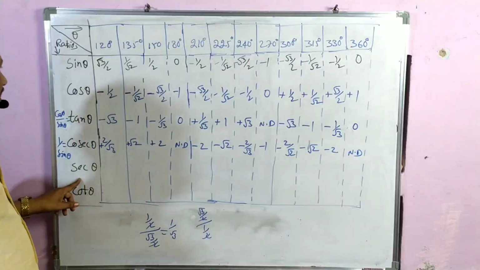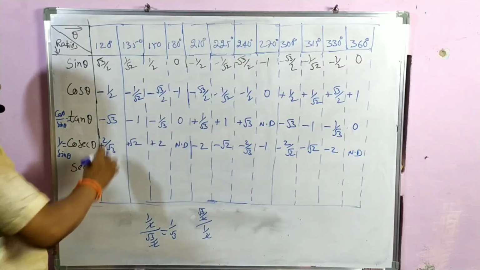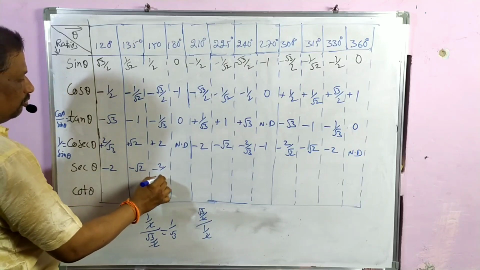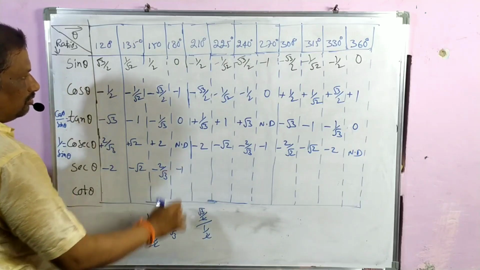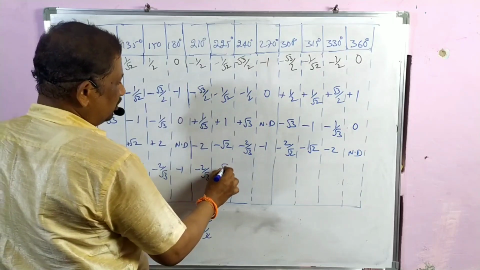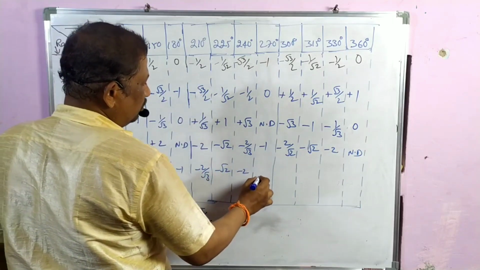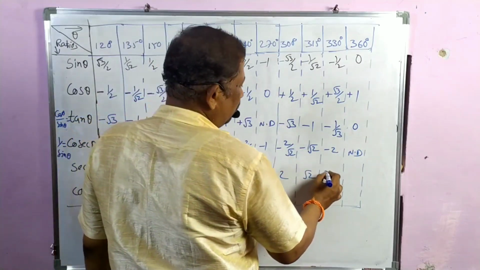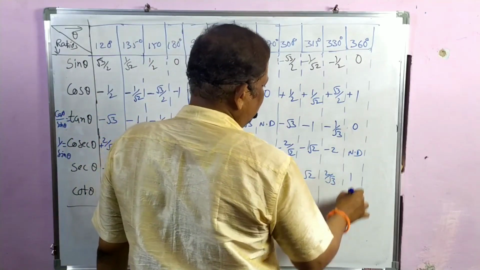Here also secant is not there. So the reciprocals are 2, root 2, 2 by root 3. Here also the reciprocals are minus 2 by root 3, minus root 2, minus 2. So not defined. The reciprocal of 0 is not defined.